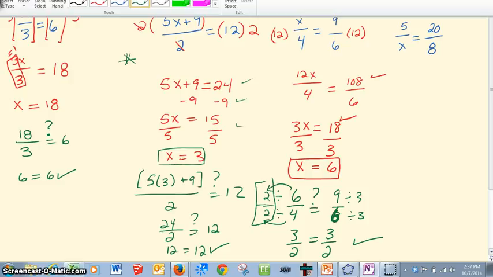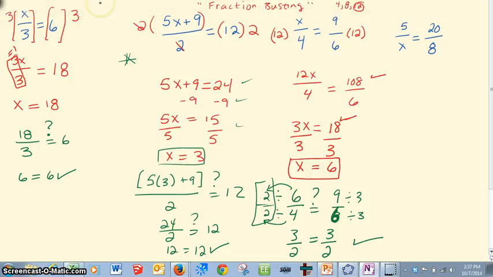This one's kind of fun over here on the right. I need to multiply by a value that will cancel the 8 on both sides, and a value that will also cancel the x, which is on the left.